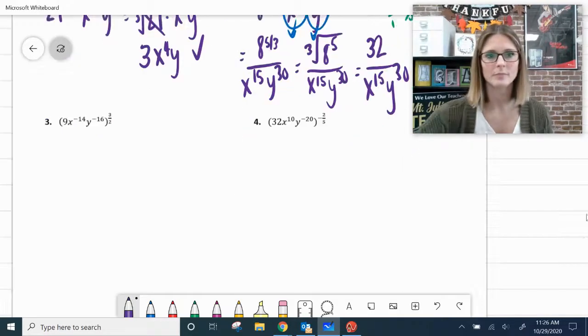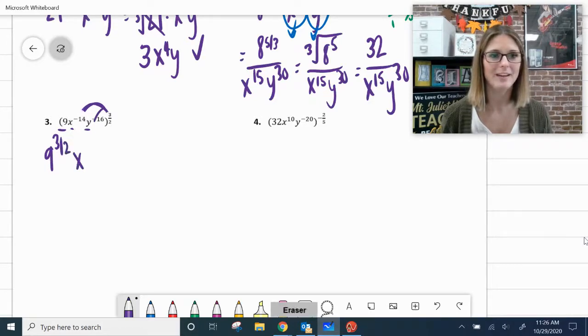Final answer. Number 3, you have, again, 3 things, all raised to the 3 halves, so let's give everybody that exponent. You have 9 to the 3 halves. You have x to the -14. So let me do some scratch work. -14 times 3 halves. I'm going to do some cross cancellation, simplifying to give me a -21.